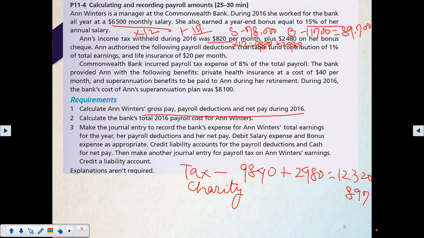And then she has life insurance, $20 per month, times 12, it's going to be 240. So if I deduct these three from 89,700, it is going to be 76,243.